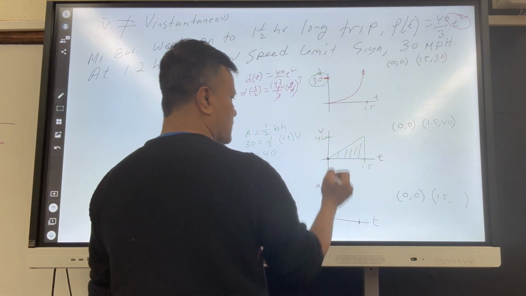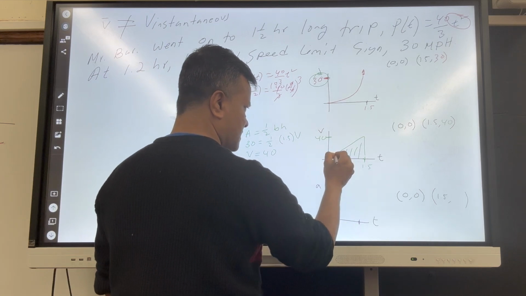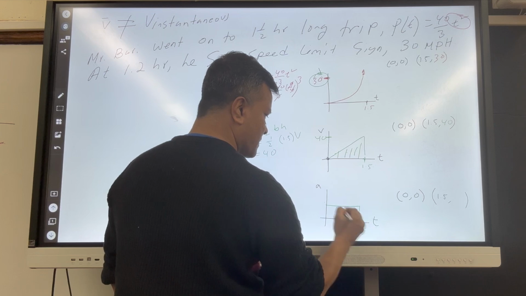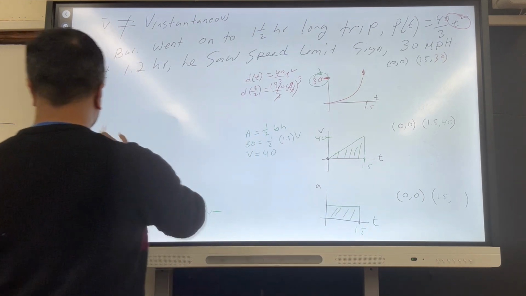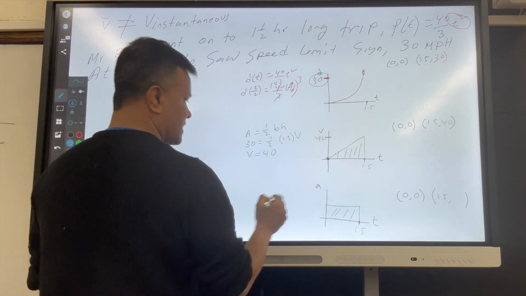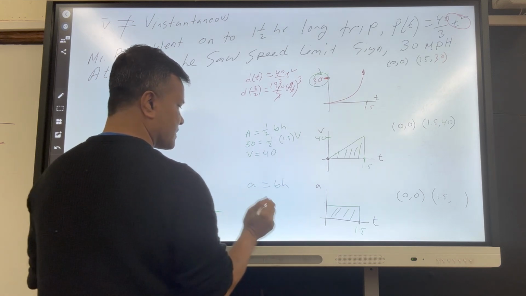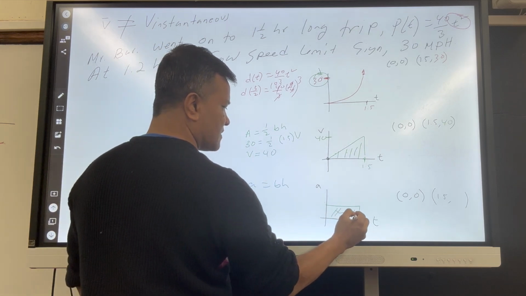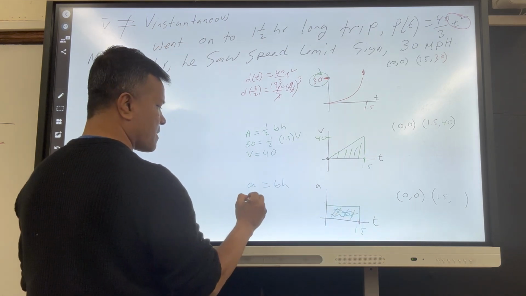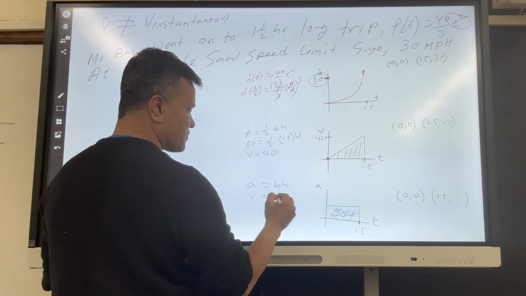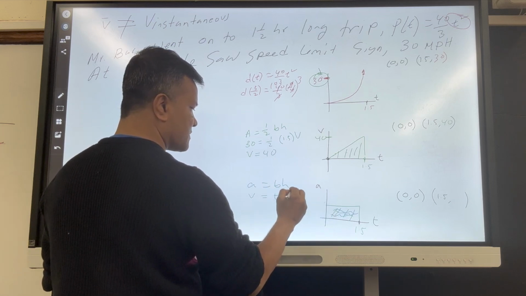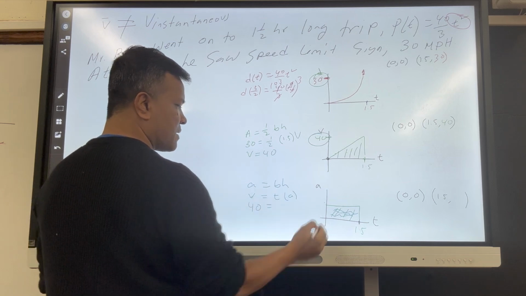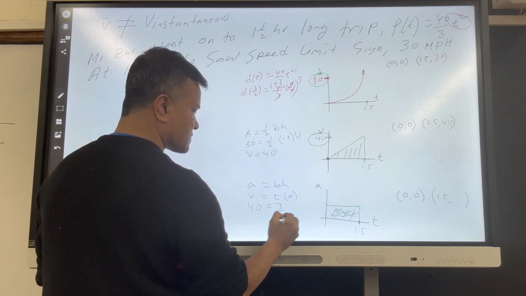If this is diagonal, this has to be horizontal. This is 1.5. So area is what? Let's use blue. Area is bh. Area is velocity, b is time, h is acceleration. Velocity is 40, time is 3/2.